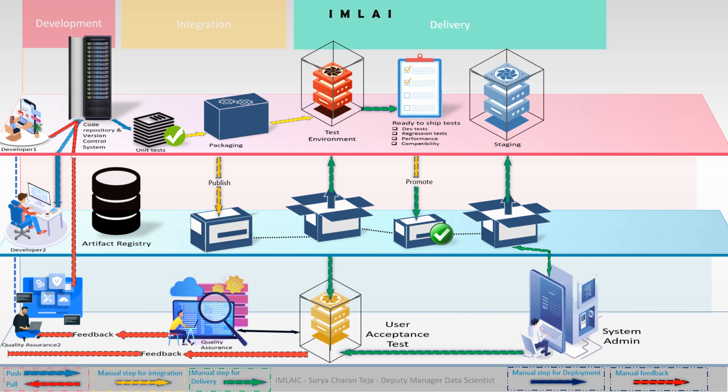But now you might wonder what a testing environment is, what a staging environment is, and why we are doing all these things. So within two or three minutes, I'm going to explain the difference between the testing environment and the staging environment. Before that, first we will look at what a testing environment is. A testing environment involves creating a space that lets you perform test executions of your component parts.